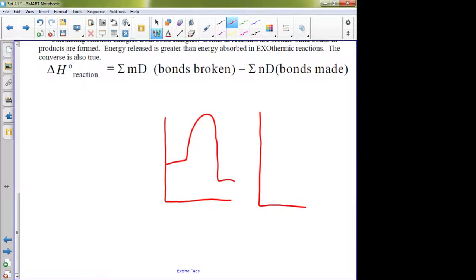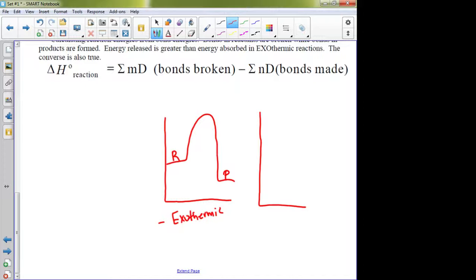No matter, overall, this is what kind of reaction, just looking at it? Endothermic or exothermic? It's exothermic. How do I know this is exothermic? Because my reactant started at a higher energy than my products, which means overall I did what? I released energy, right? So I'm negative.